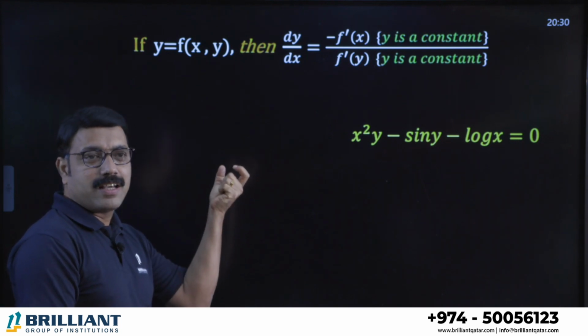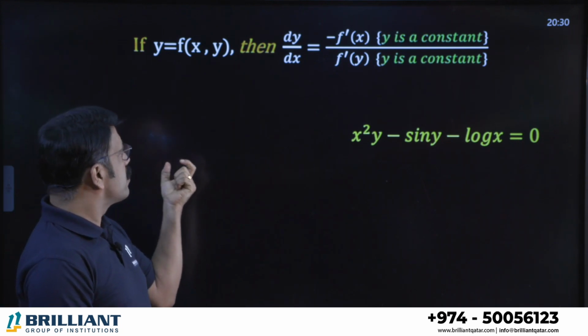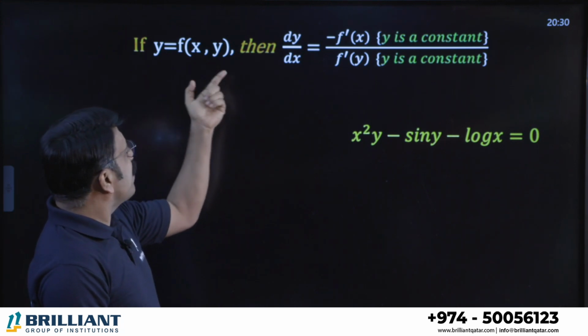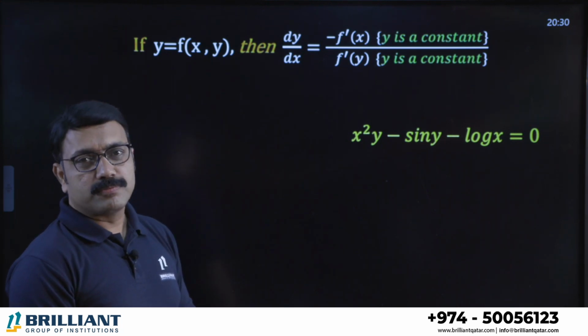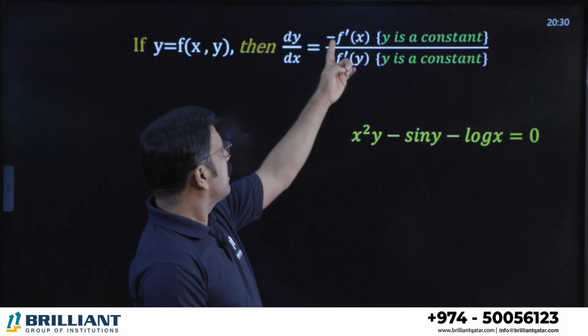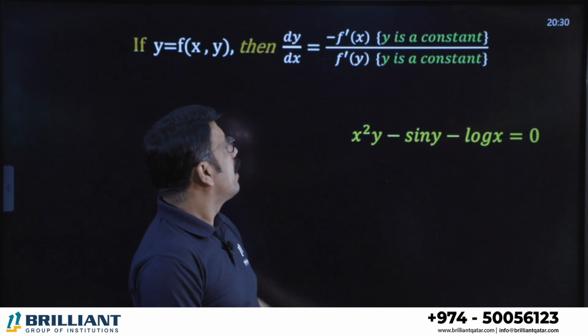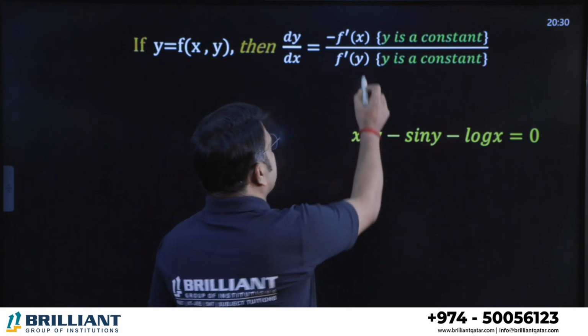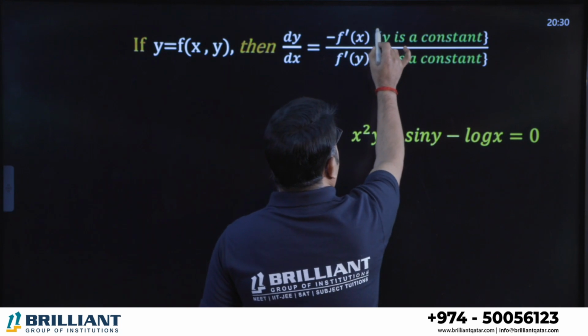X and y come at a time in the equation. Then dy by dx equals minus f dash of x divided by f dash y. This is the condition.